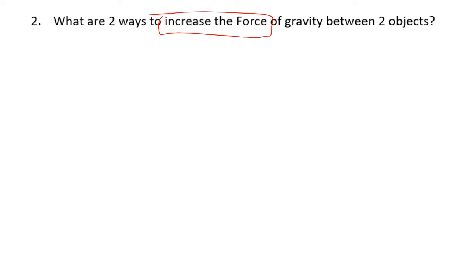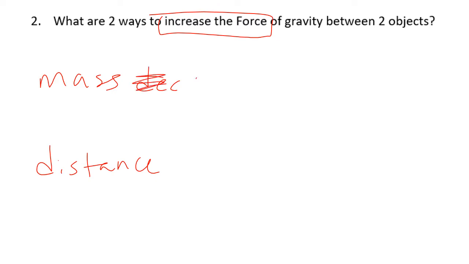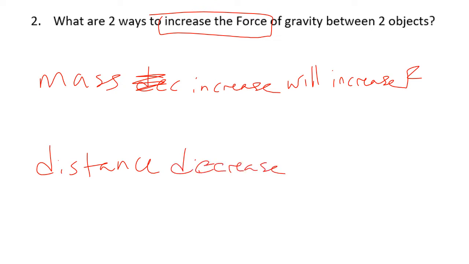Since we've already established that mass and the distance between them, which is r, are the two things we can change: a mass increase will increase the force, and distance, if we shorten it and make it closer together, so a distance decrease, bringing them closer together, will increase force. The force F.